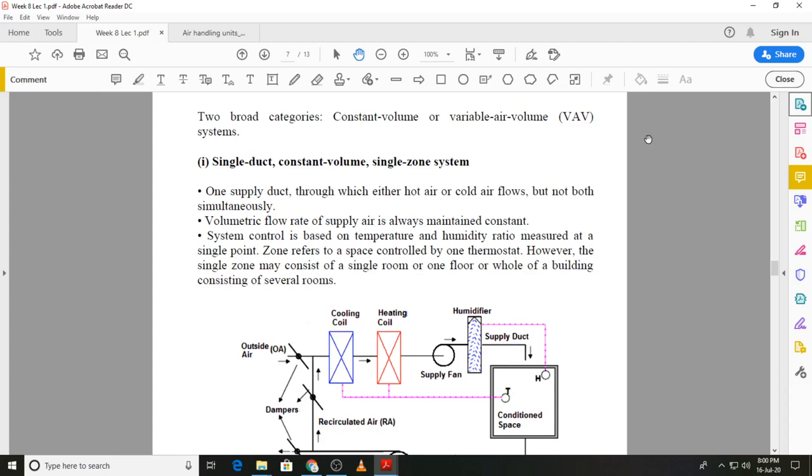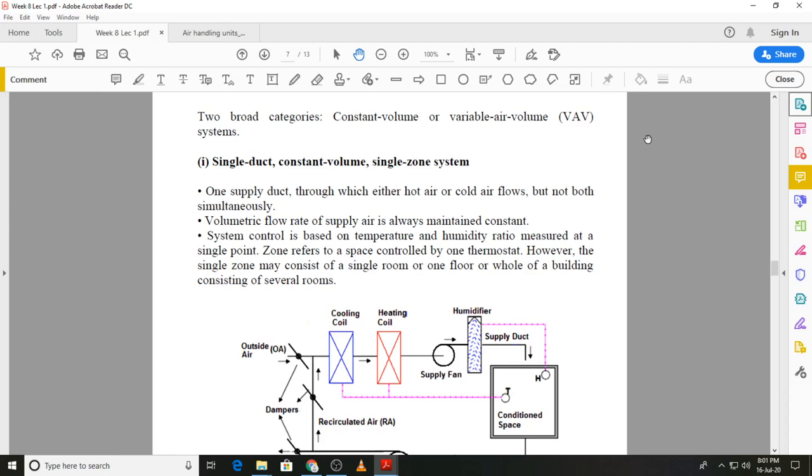The constant volume system means that the volume of conditioned air supplied to a conditioned space remains unchanged even if the load in the space changes. That means the variation in the load will be countered by changing the temperature of the air, keeping the volume supplied to the conditioned space unchanged.